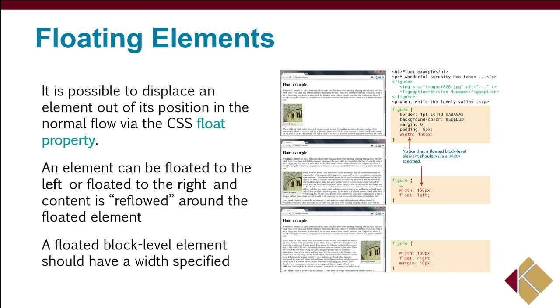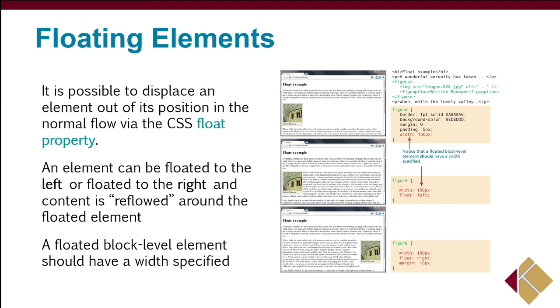The way that you do that in CSS is you add in a float right or float left, and then you should also put a width with it, either an explicit width in pixels, or an em or percentage width, because otherwise it's not going to know how to reflow that content around it.